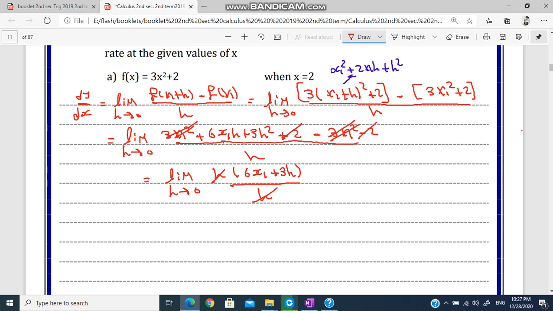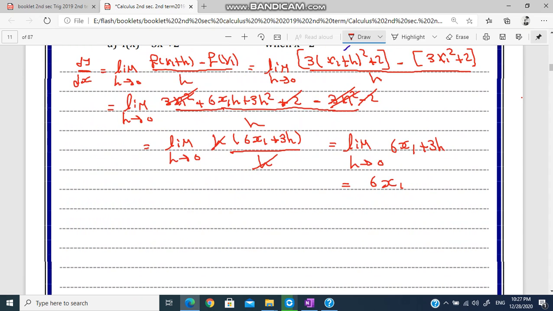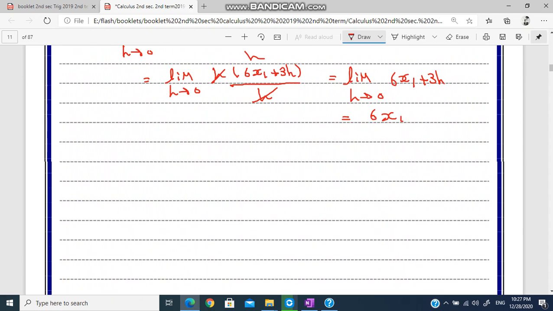Cancel h, so the limit as h approaches 0 of 6 x1 plus 3h. As h approaches 0, 3 times 0 equals 0, so it will be 6 x1. The value of x is 2, so the rate dy by dx at x equal 2 is 6 times 2 equals 12.